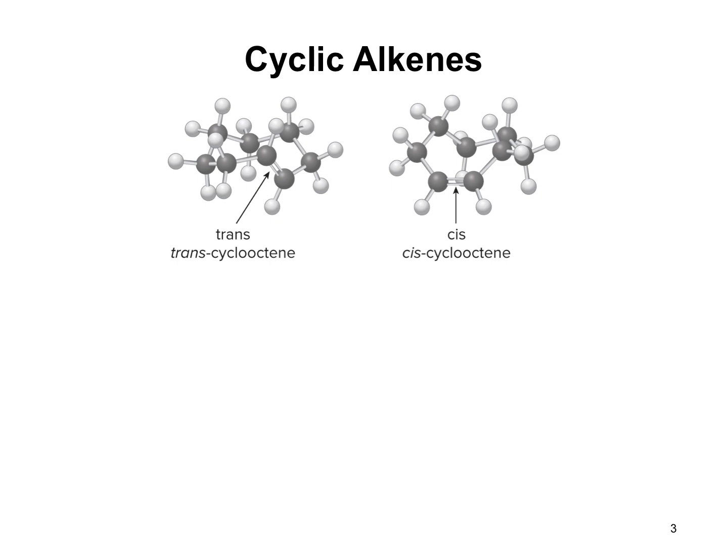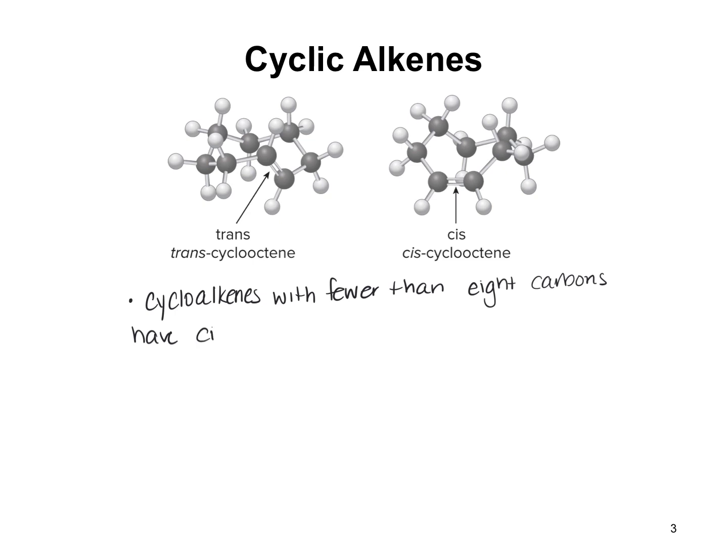Now, let's talk about cyclic alkenes for just a moment. Cycloalkenes with fewer than 8 carbon atoms have cis geometry. Right.